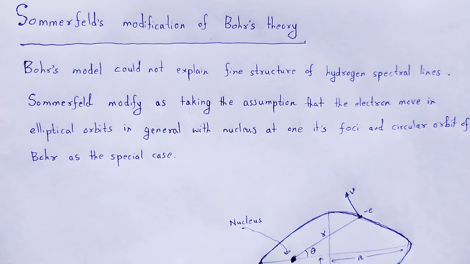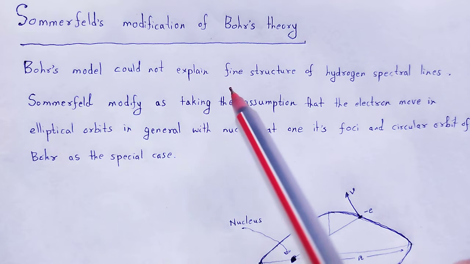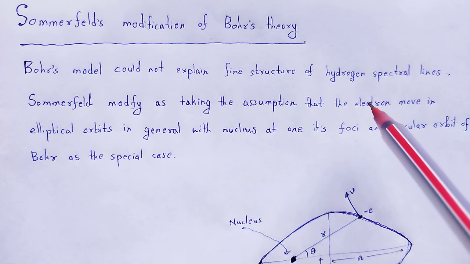This is a limitation of Bohr's atomic model, and that splitting of the spectral line we call the fine structure of the hydrogen atom. Bohr's model could not explain the fine structure of hydrogen spectral lines.